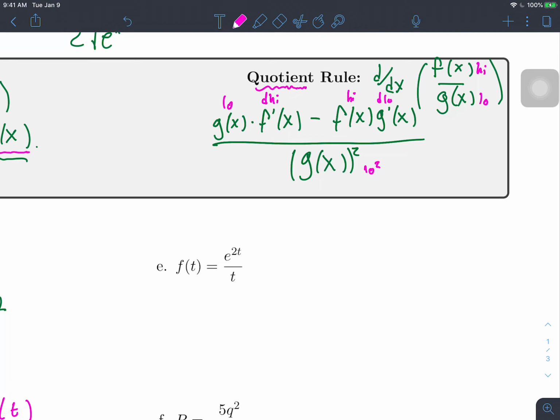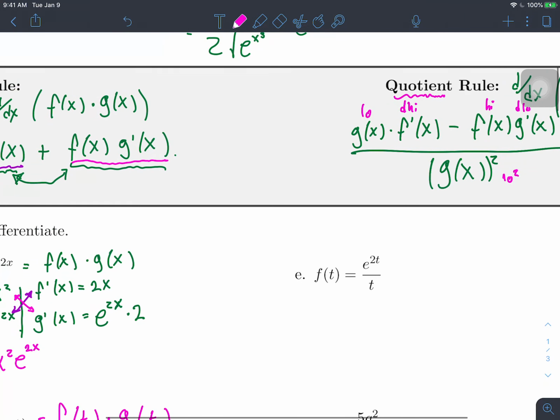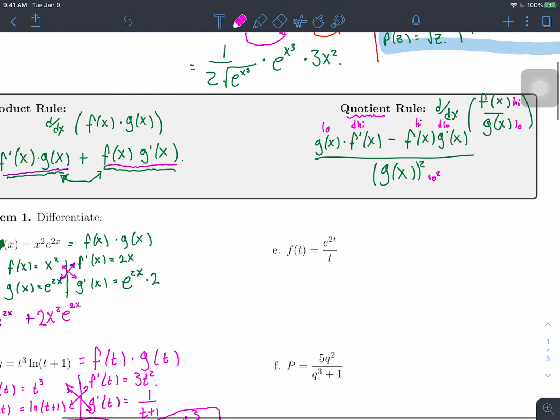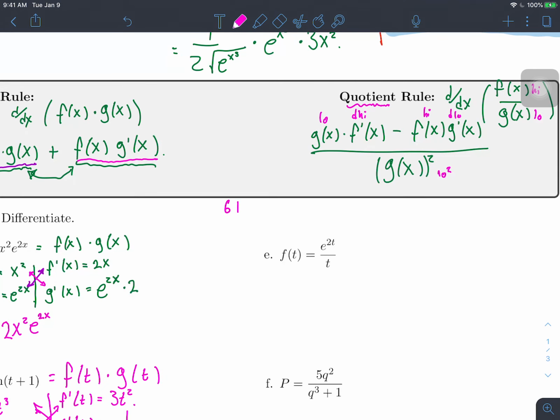One thing that I want to make extremely clear is, unlike the product rule, where if we switch up the order we're still going to be okay, if we switch up the order of the numerator on the quotient rule, we're not going to be okay. Here's why. It's true that 6 plus 3 equals 9, and 3 plus 6 equals 9. So it doesn't really matter which order we do addition in.